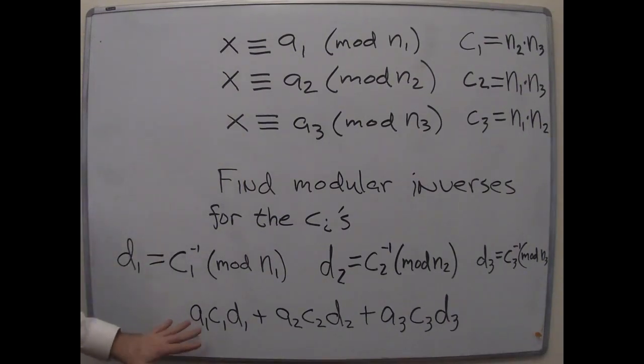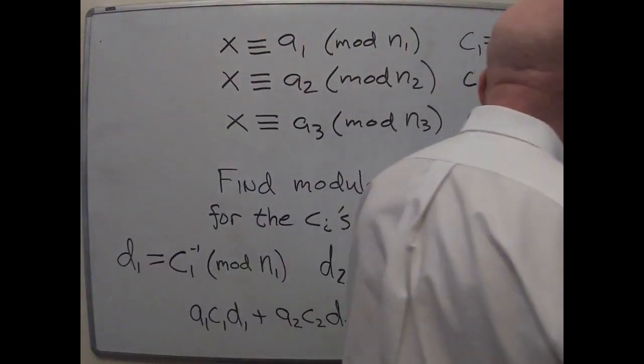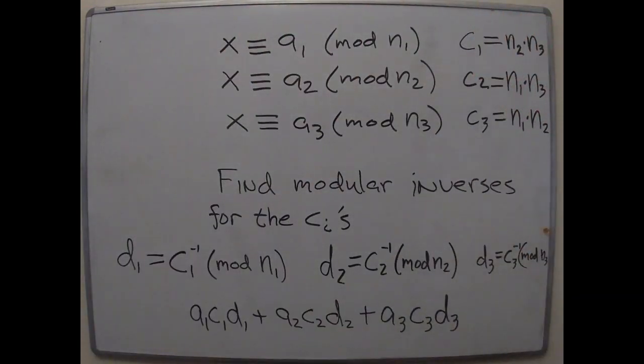The solution, though, has to be taken in modular arithmetic as well. So what is the modulus that we would reduce this to? It's mod N, capital N, which I set up once before and erased. The product of all three numbers, N1, N2, and N3.